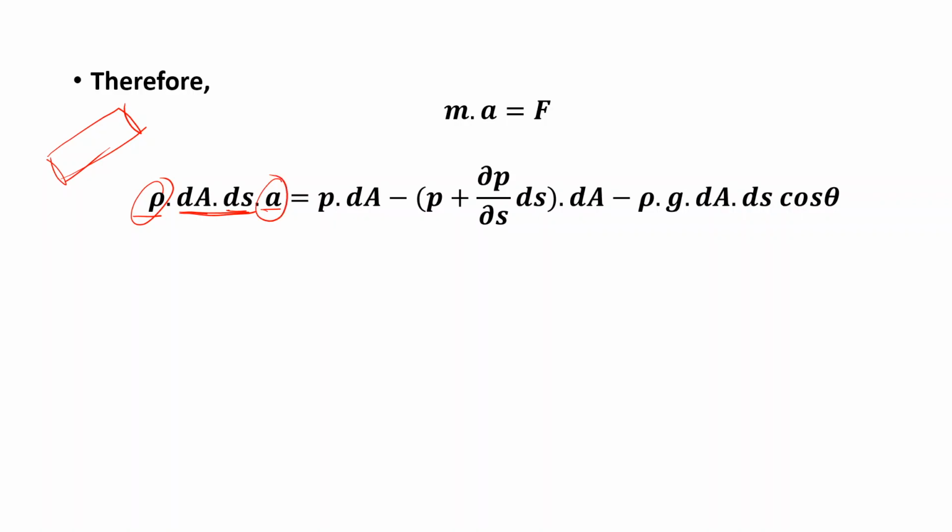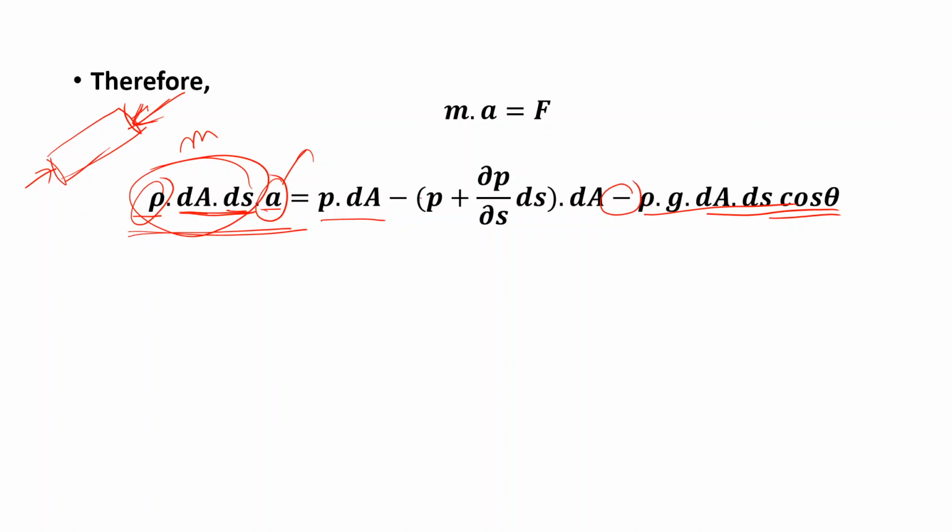So this is ma. This whole term is equal to m, and this is a. Then on the other side, we put all the forces. This is pressure force on the upstream section, this is pressure force on the downstream cross section, and it has a minus sign because the directions are opposite, and this is the component of weight of the element, and here also there is the minus sign, as we have explained previously.